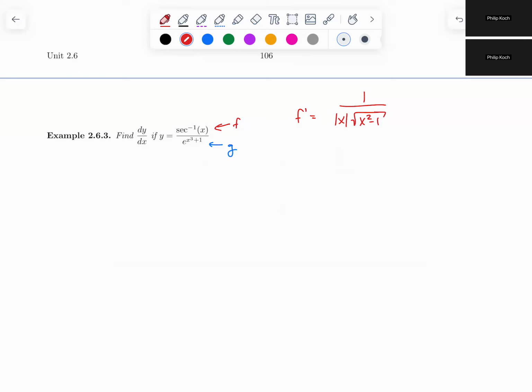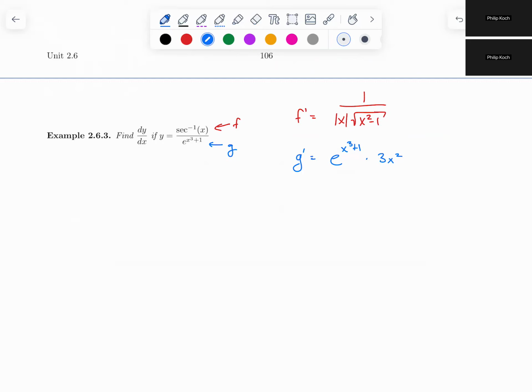And G prime, by the chain rule, will be e to the x cubed plus 1 times 3x squared. The derivative of e to the x is itself, so that's why it's e to the x cubed plus 1 times the derivative of the inside. Derivative of x cubed plus 1 is 3x squared, and that's where we are.